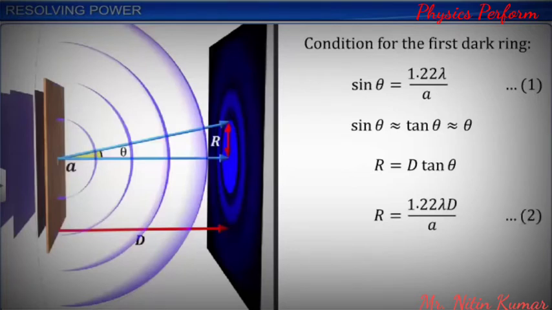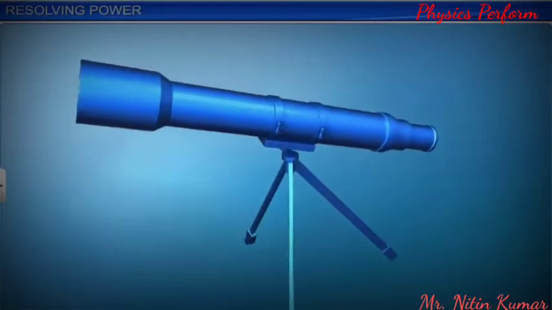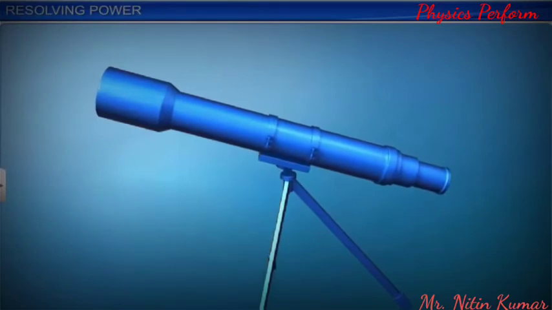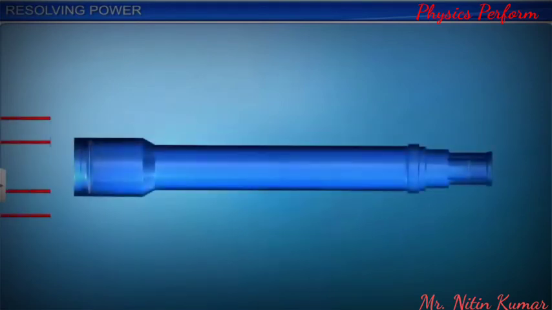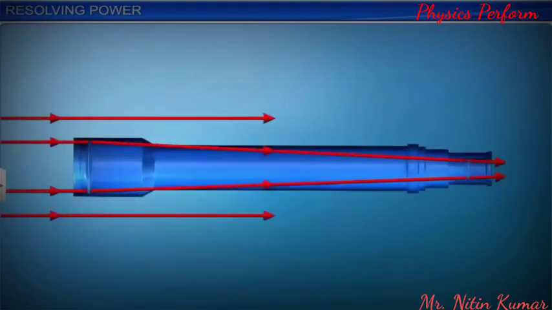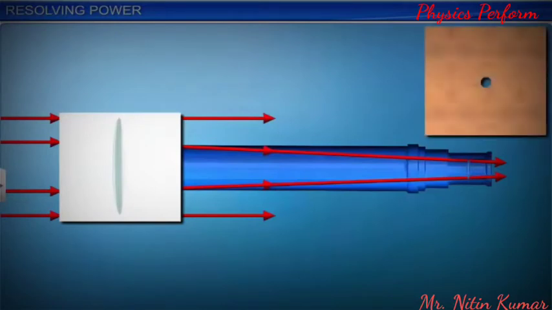The diffraction of light by a circular aperture is of great practical importance. In various optical instruments, such as telescopes, lenses are used. During image formation, a lens allows only the light that is incident on its circular aperture. Thus, a lens behaves like a circular aperture in an opaque screen.